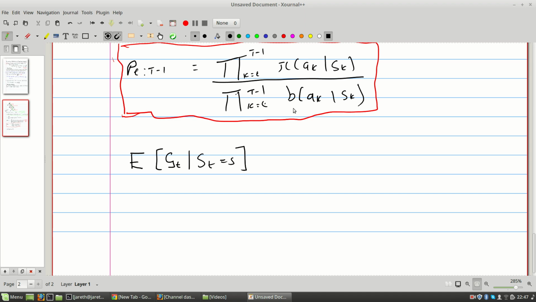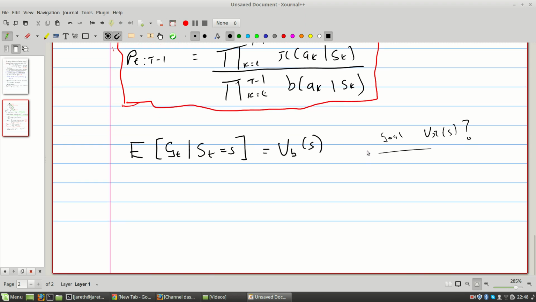This does not give us v pi of s, it gives us v b of s. But our goal was v pi of s.